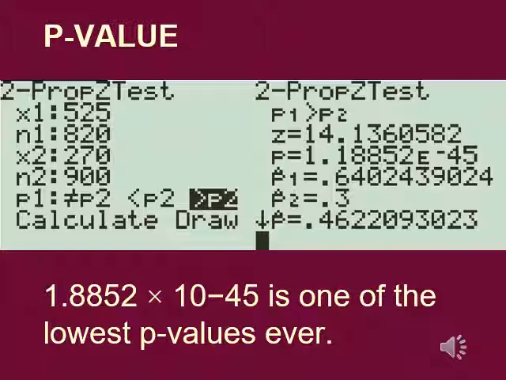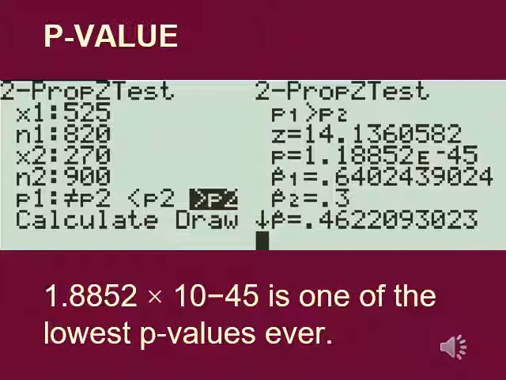There were 30% of women that said that they'd vote for Trump. And yes, 64 is a lot more than 30, which is why we're going to choose greater than. The first one is greater than the second. So I highlight that, I go down to Calculate, and we look at what our results are.